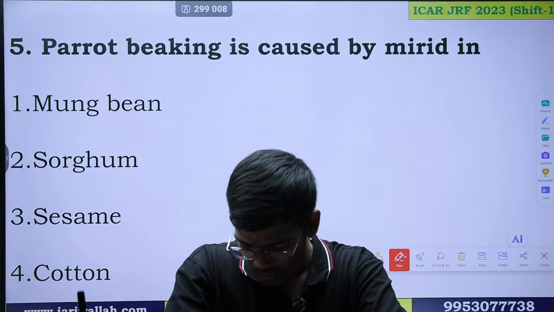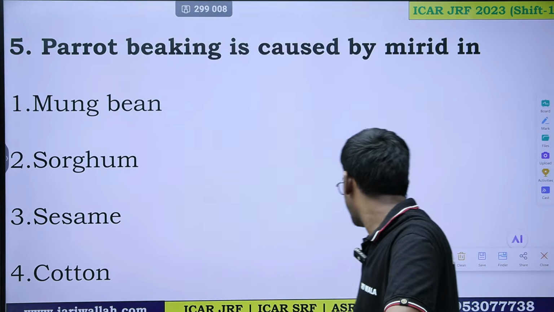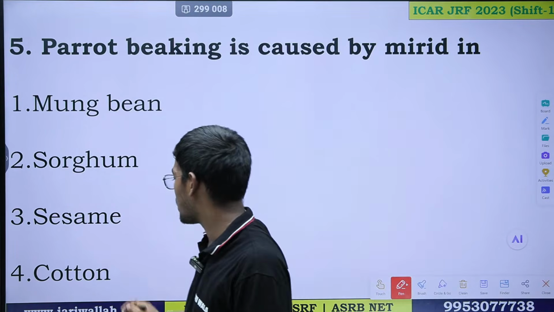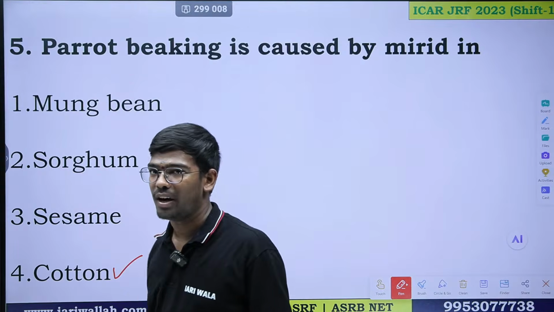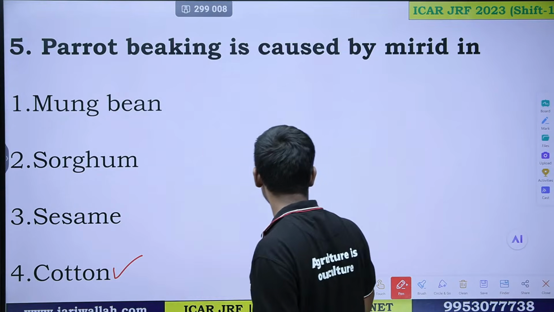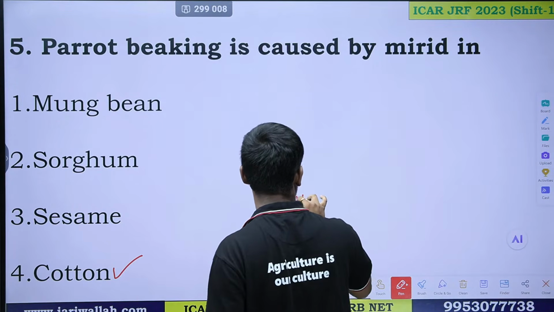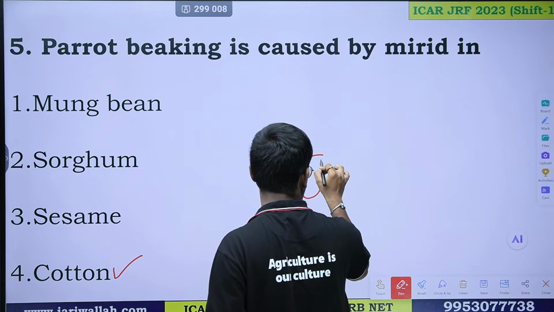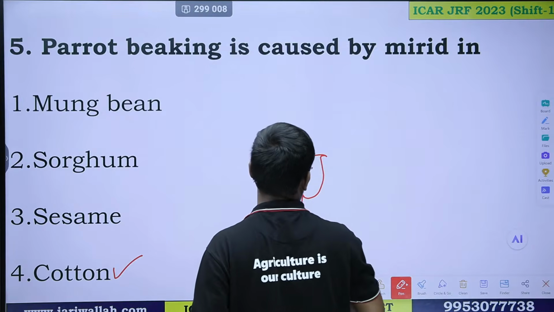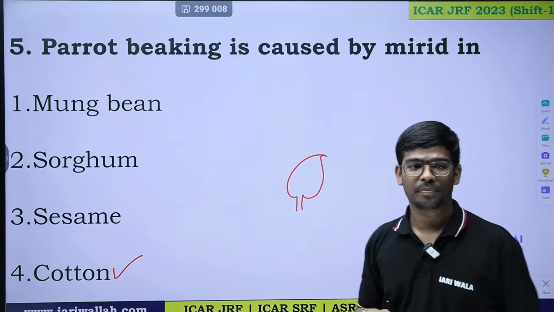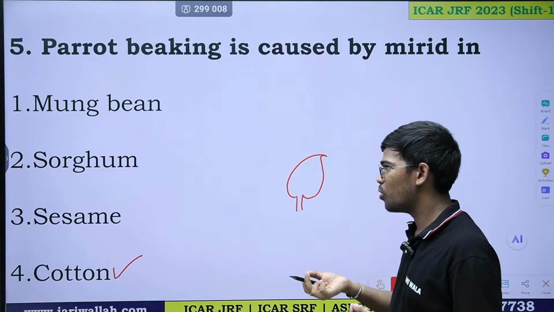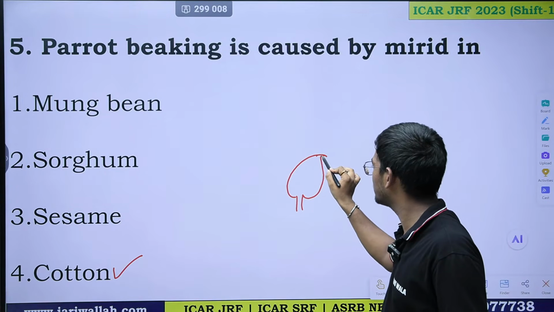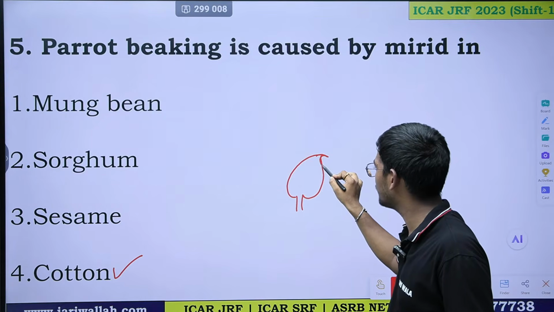Mahendra put 4. Parrot beaking is caused by mirid, it's correct, and it is seen in cotton. What happened in case of bolls? Instead of bolls tipped with the pointing like this, they will turn like this, simply curved kind of thing.